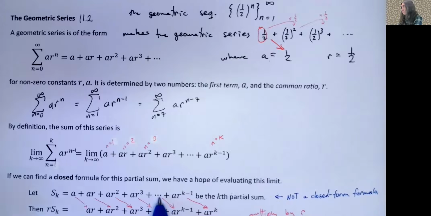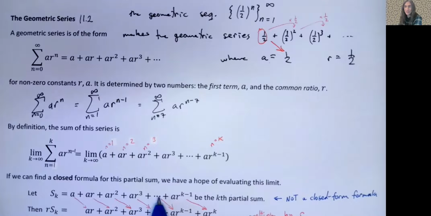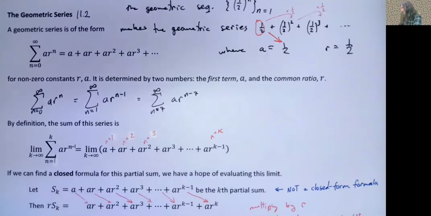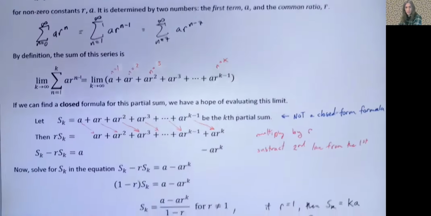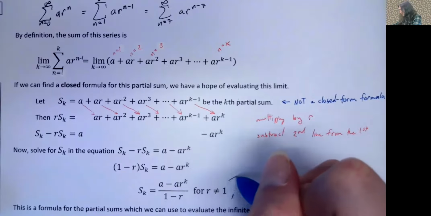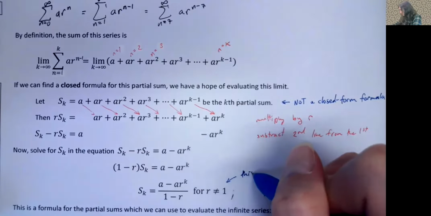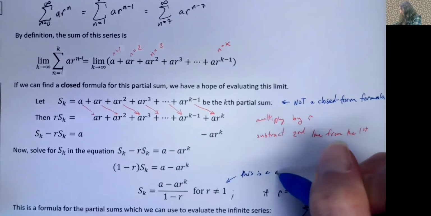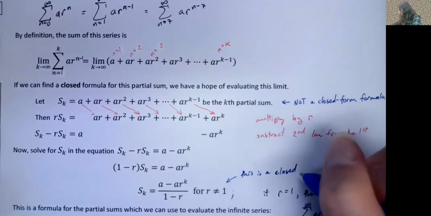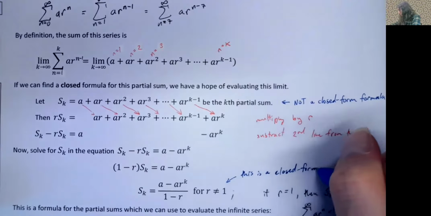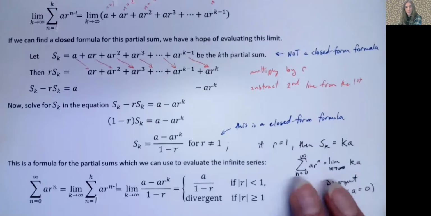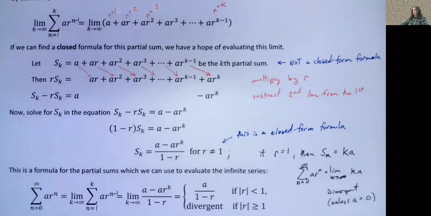That's probably the best indicator that you don't have a closed form formula, is that you're using ellipses. This one, however, is. Okay, this is a closed form formula. And that's what we want to be able to evaluate these sums. Closed form formulas. Okay, so next let's take a look at using this formula.